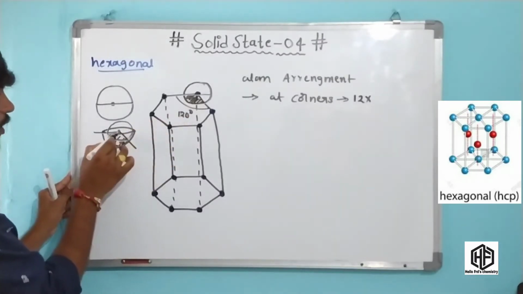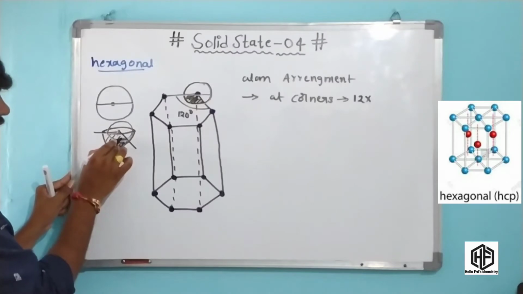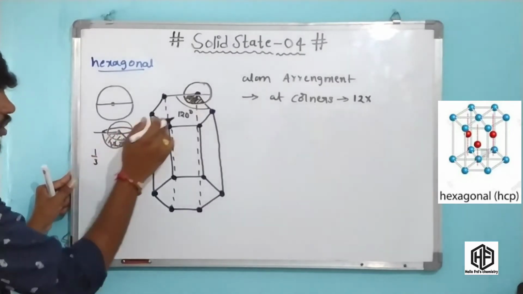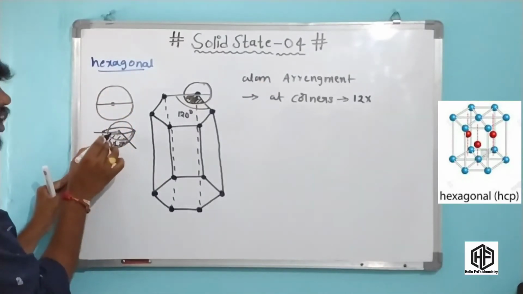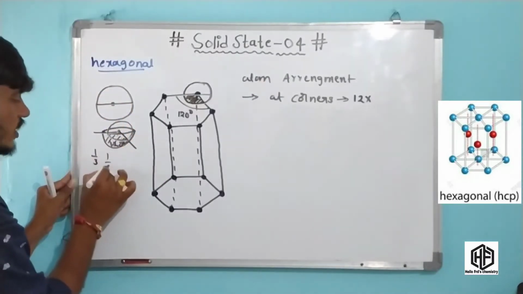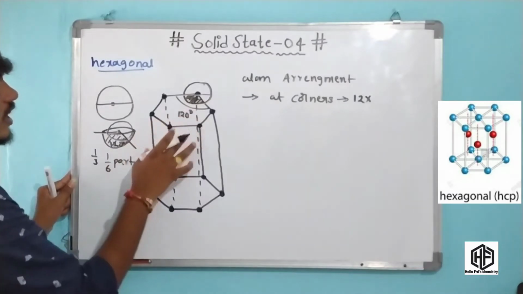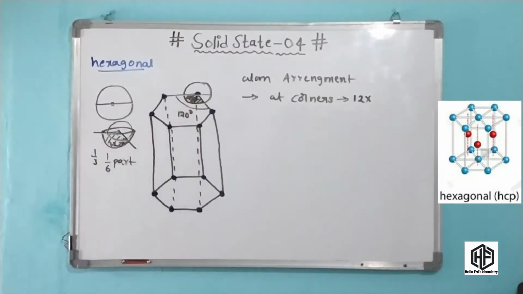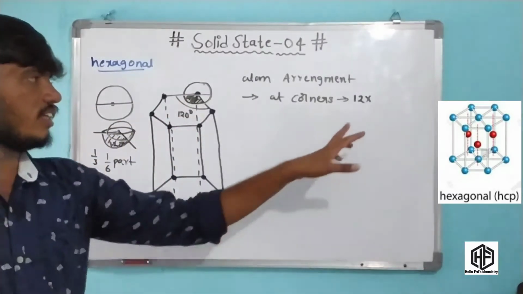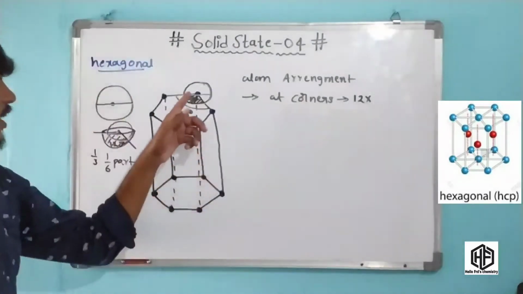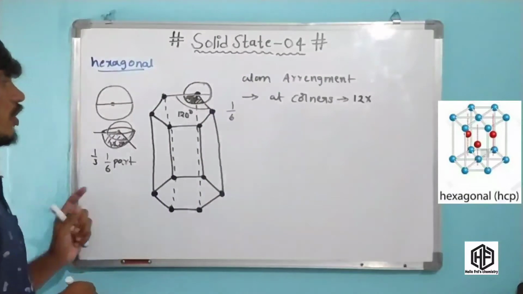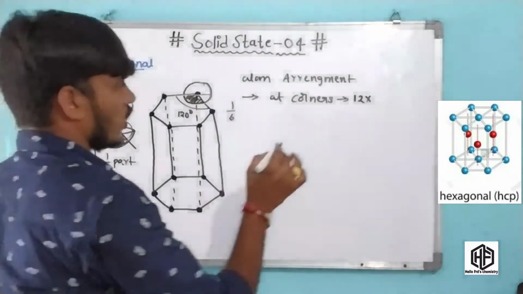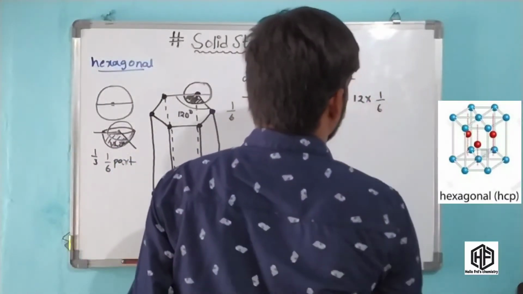Half of the atom, 1/3 part is involved, and for the full atom, 1/6 part is involved. It means that at the corners of the hexagonal unit cell, 1/6 part is the contribution of each atom.